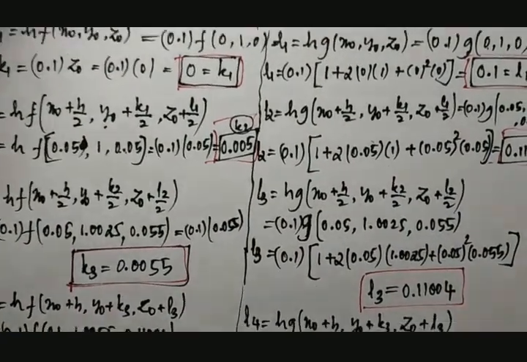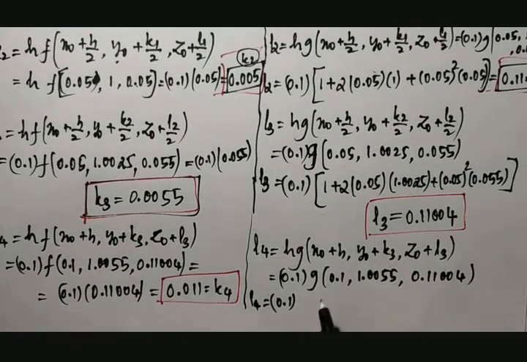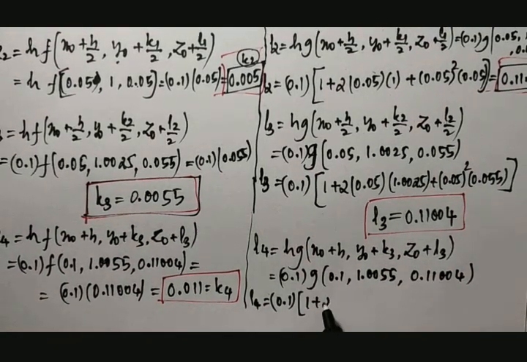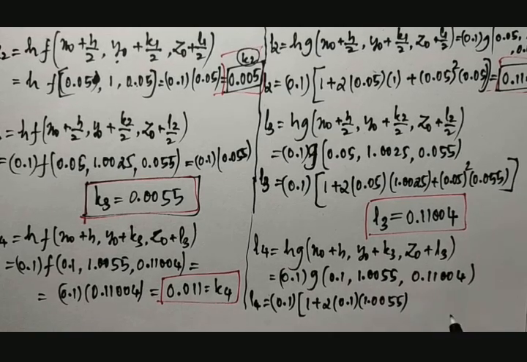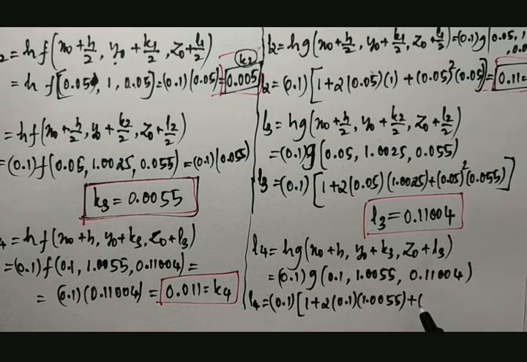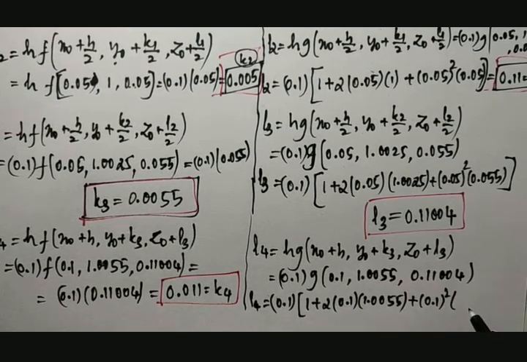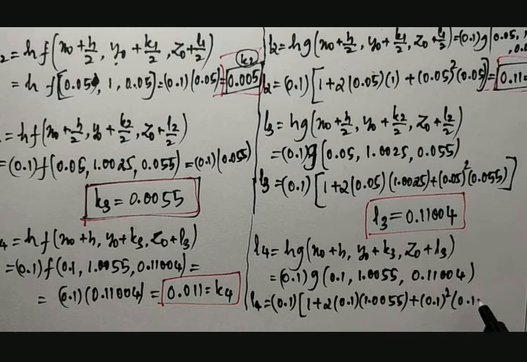Therefore, substituting these results, it becomes 1 plus 2 into x, where x is 0.1, into y, that is 1.0055, plus x square, that is 0.1 squared, into z, where z is 0.11004.